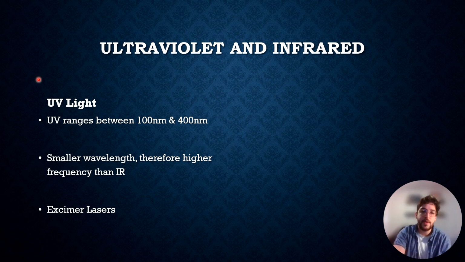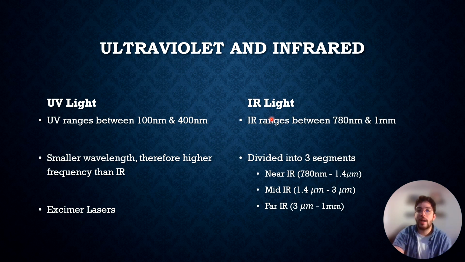And so with UV, it's going to be a smaller wavelength and a higher frequency than infrared light. Excimer lasers, the big important laser that we use in LASIK, will operate through UV wavelengths. And so infrared ranges from 780 nanometers to 1 millimeter, which is quite a bit larger than the UV wavelength range.